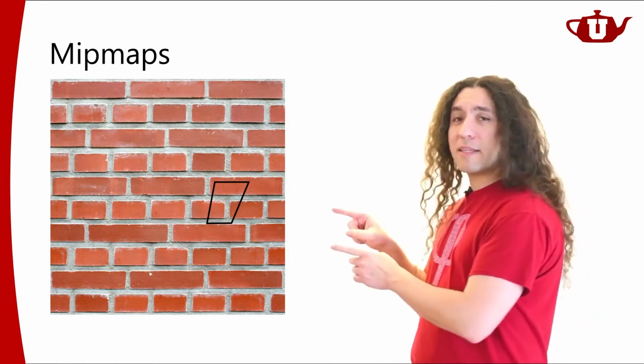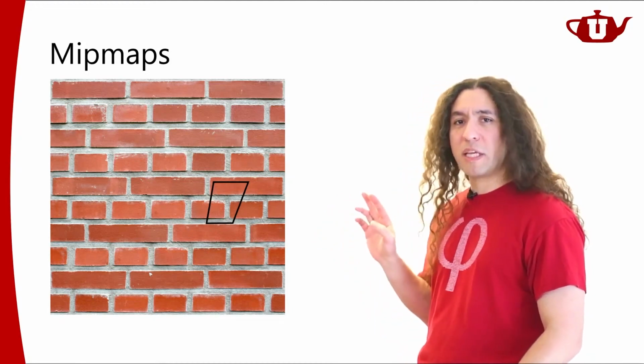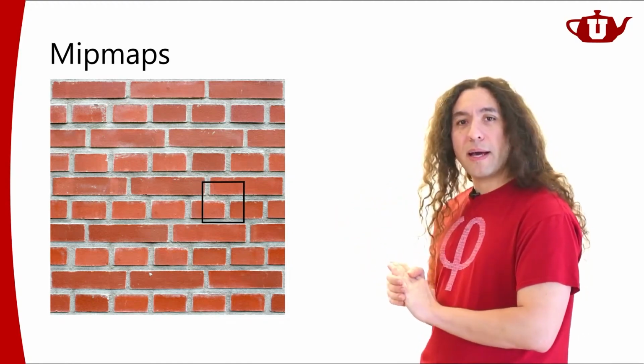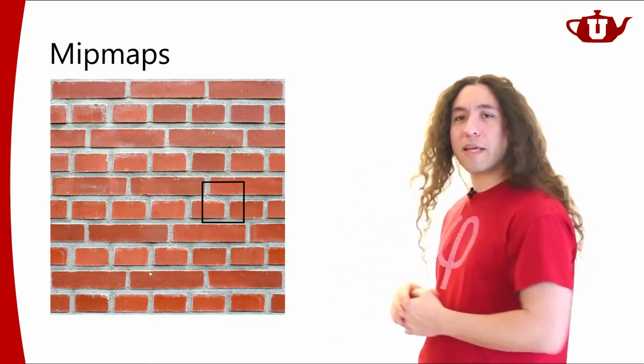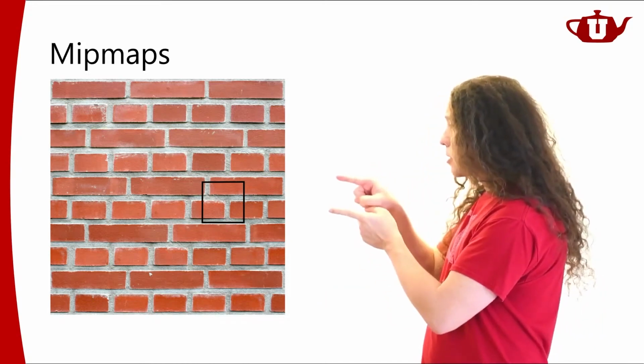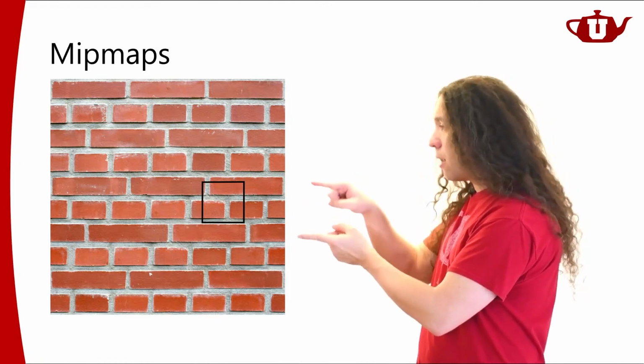So I'm not going to look at this funny shape of that pixel. I'm just going to treat it as a box, like an axis-aligned box in texture space. So this is the size of a box. The separation between pixels should be around this size.